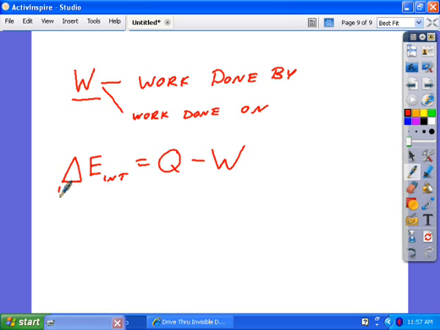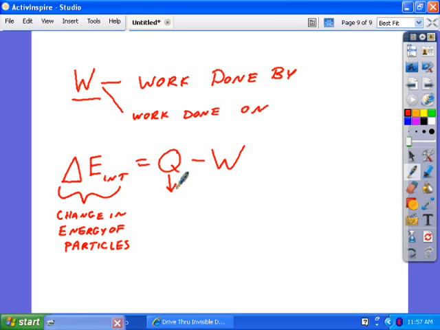Now this change in internal energy just means the change in energy of the particles. Now that might be temperature, it might be any other number of different things, but the important thing here is we're talking about the total change in energy.